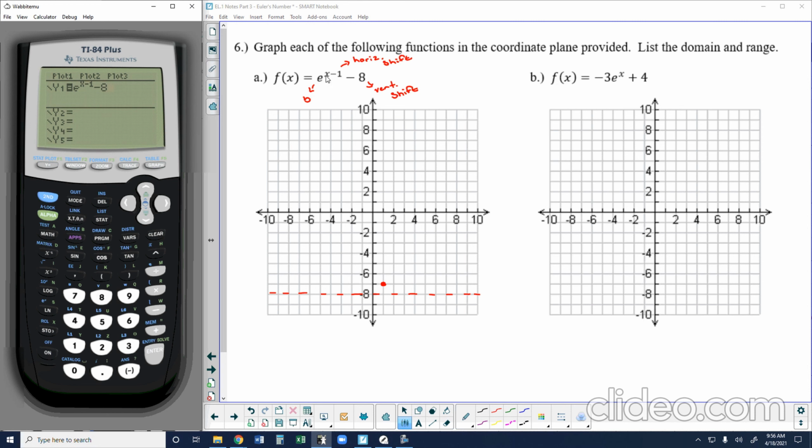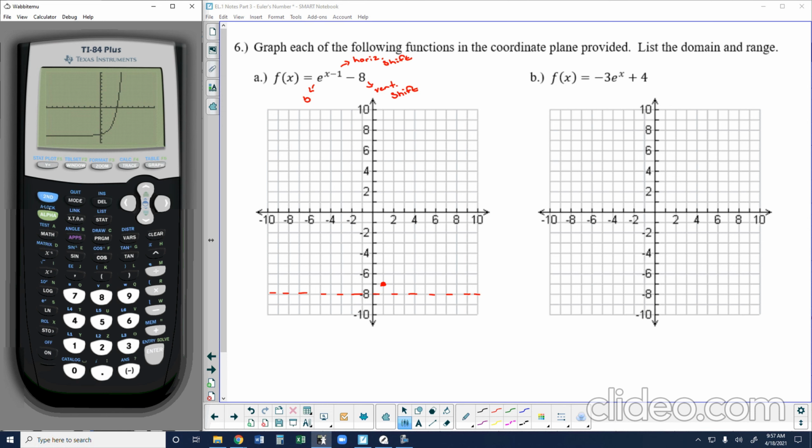Euler's number is above 1, so this is going to be exponential growth. To the left, it's going to approach the asymptote, so to the left of this origination point I'm going to draw that going down to the asymptote.